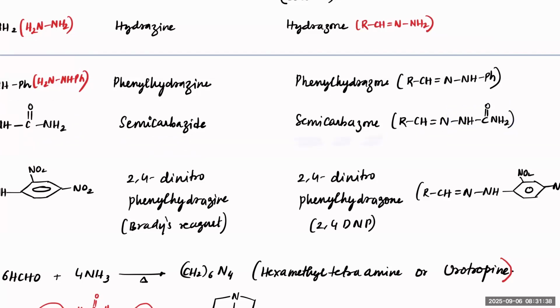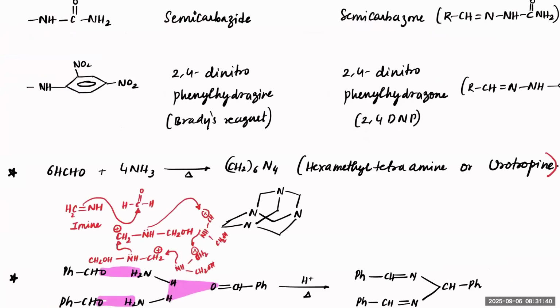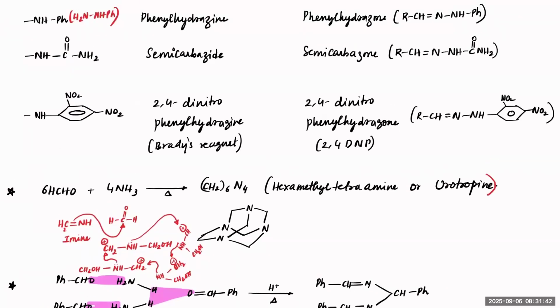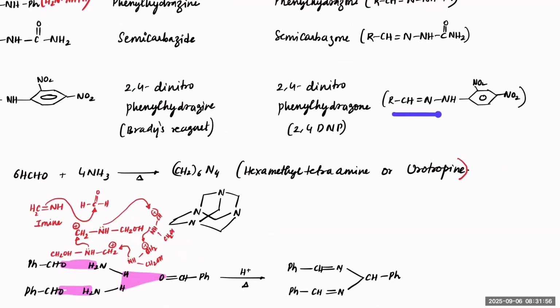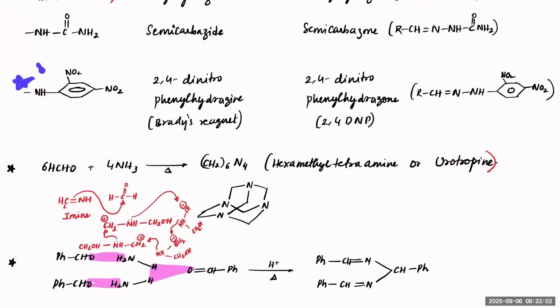Next, with NH2, if you have this group, NH with phenyl and two NO2 groups, then this is called 2,4-dinitrophenylhydrazine, and this will be the product, 2,4-dinitrophenylhydrazone. Now, this is a very, very important reaction, because it is used to detect aldehydes and ketones.